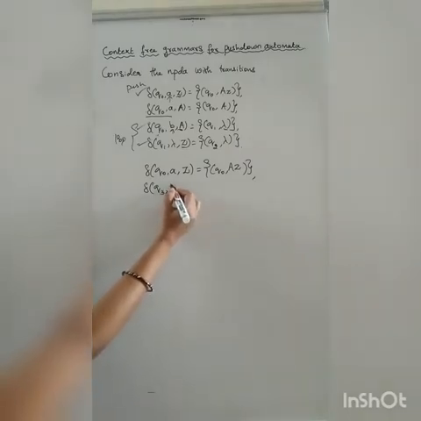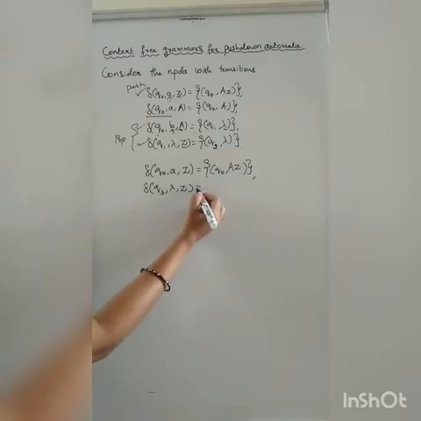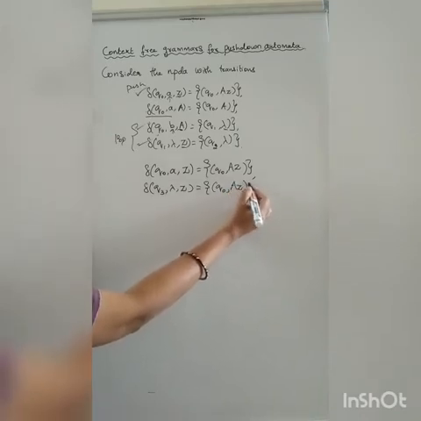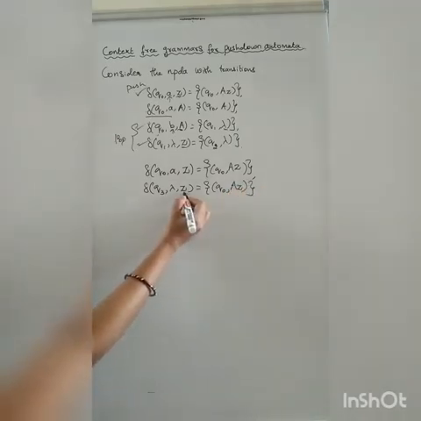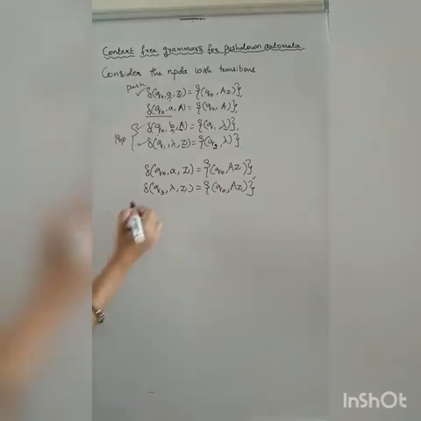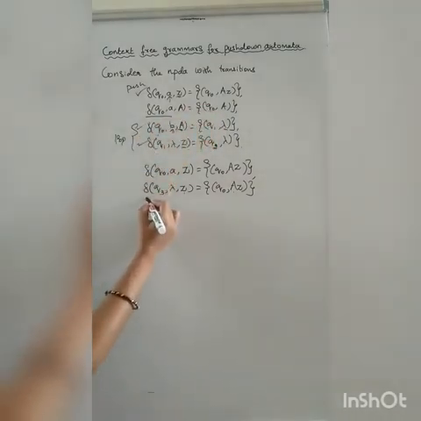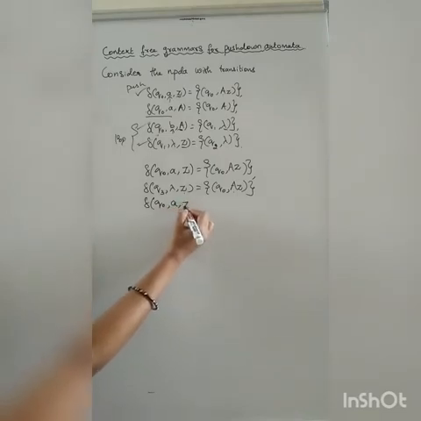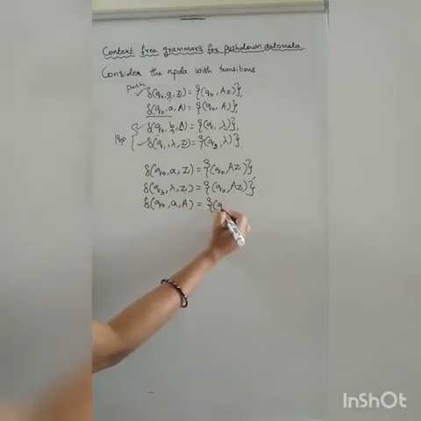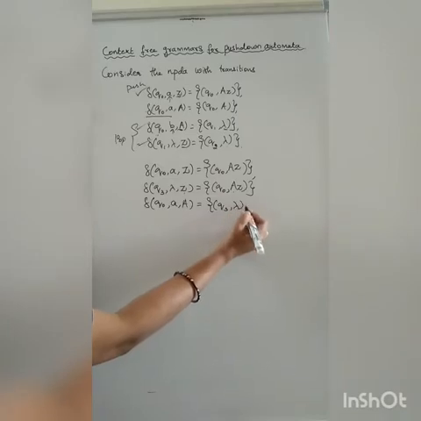So δ(q3, λ, Z) = (q0, AZ). So here the top of the stack is Z. We are just pushing the symbol A onto the stack. Next, in order to achieve this one, we can write δ(q0, a, A) = (q3, λ).